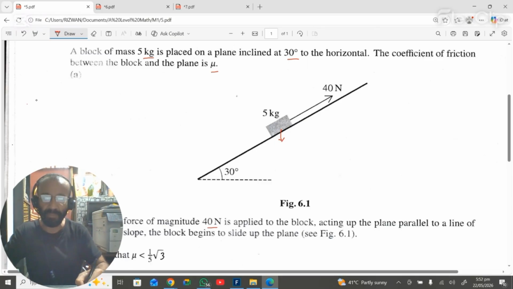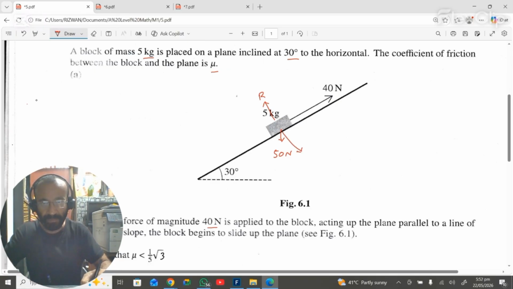So here will be the weight of the body. Now resolving all the forces along and perpendicular to the inclined plane. Here will be the reaction that will act perpendicularly to the plane.